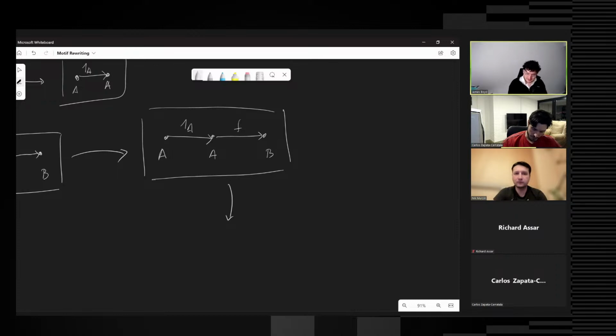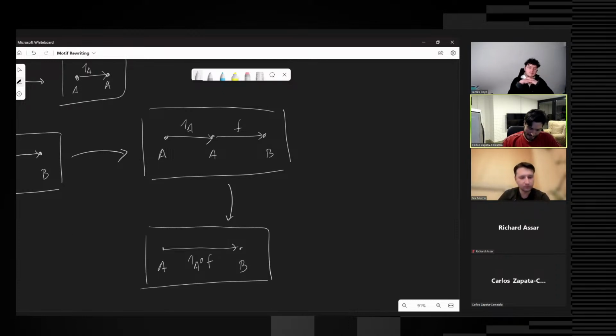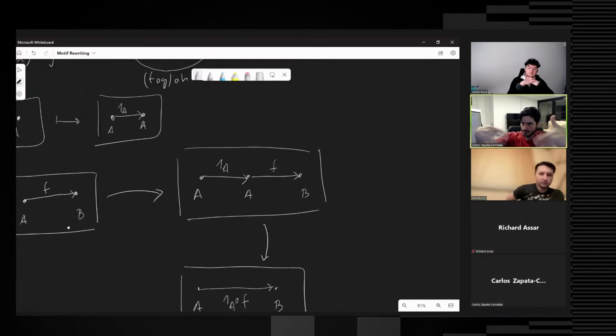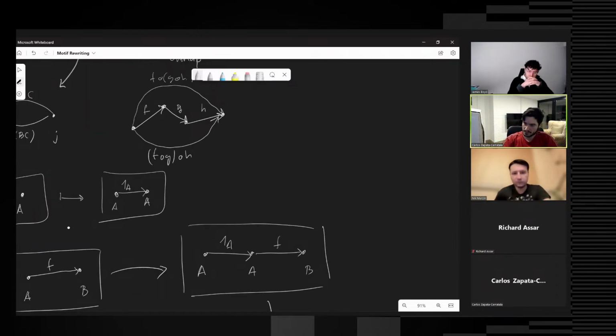So I apply my composition rule, and then I get a morphism from A to B, which I call one compose F, for example, right? And so this is a new state. Now, technically, I'm always doing these additive rewritings, right? Like I'm always throwing the stuff on top, like I did here in the previous diagram.